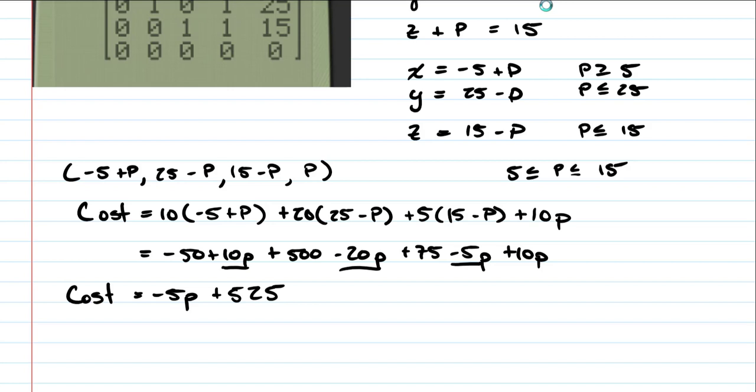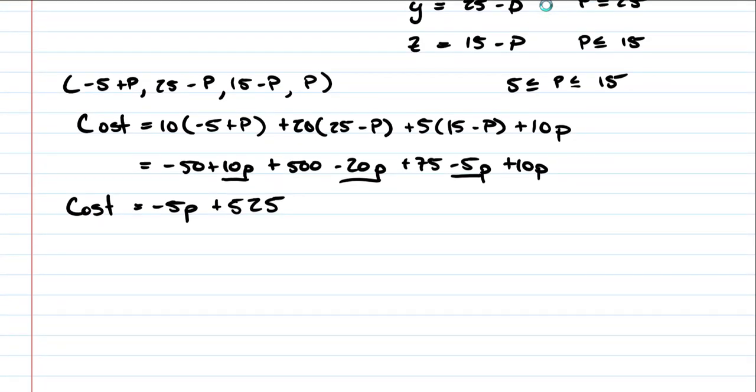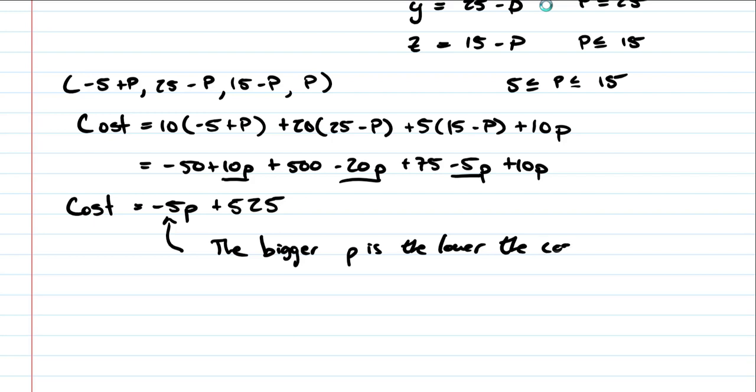So we know our cost is given by this, and when you look at our slope here, it is negative 5. So the bigger p is, the lower the cost. Well, we determined up here the largest p-value is p equals 15.